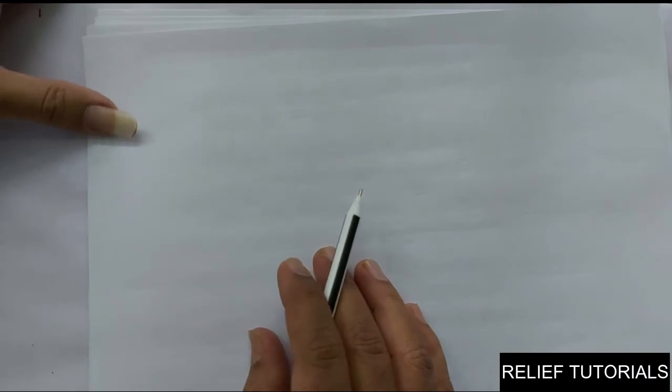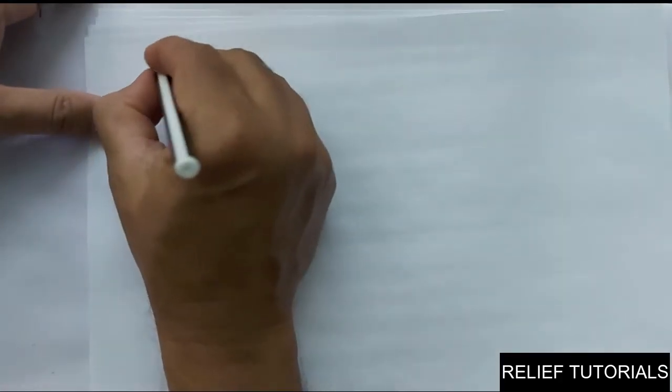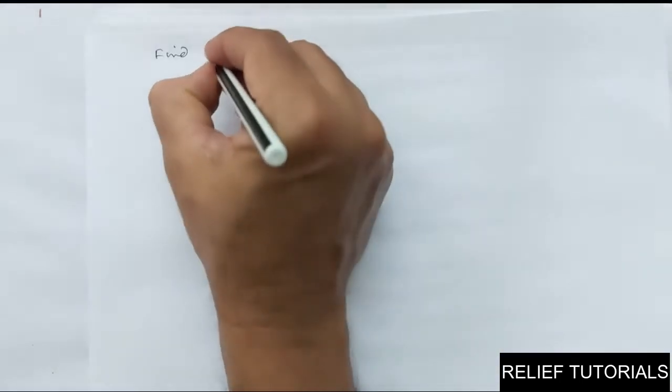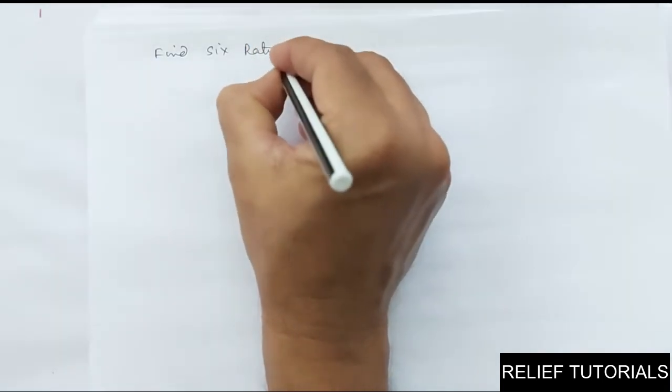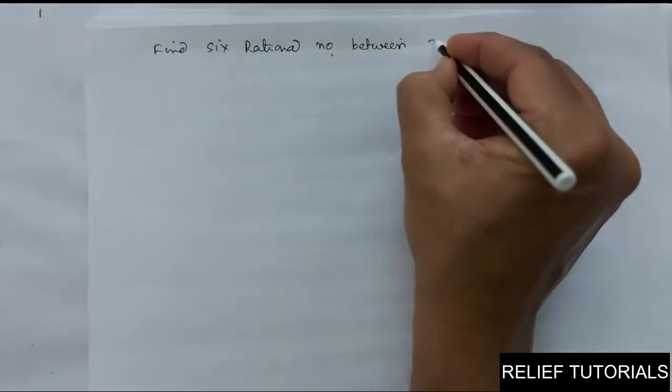See now, I will give one example. You have to find 6 rational numbers between 3 and 4.